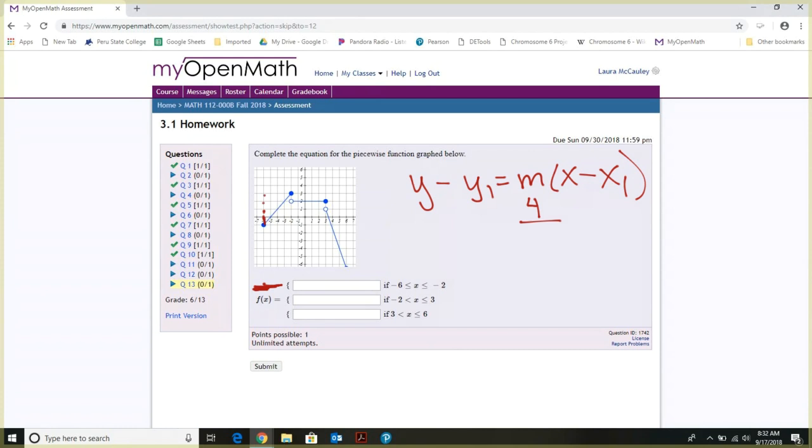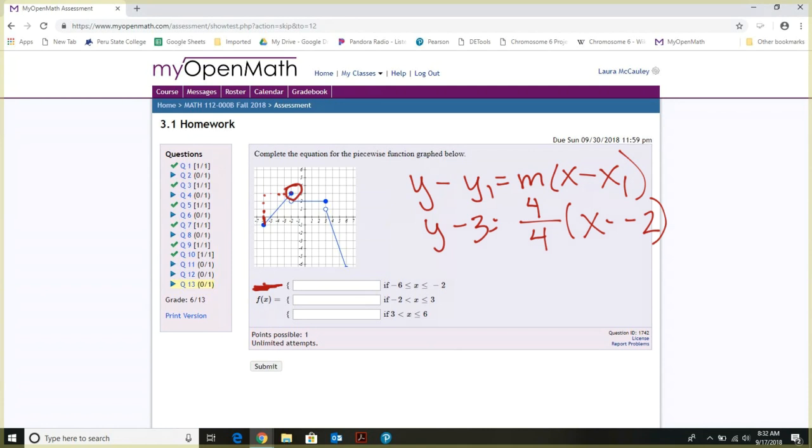So up 4 and over, let's see, from negative 6 to negative 2, over 4, right? 1, 2, 3, 4. So there's my slope. Then just pick one of the points. I'm going to pick that negative 2, 3 point. So the x was negative 2, and my y was 3.